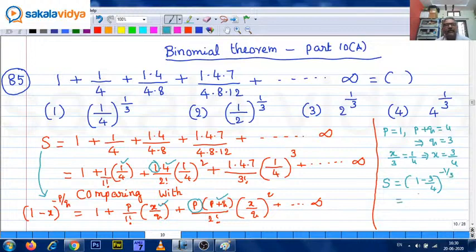This is 1 by 4 whole to the power of minus 1 by 3, which we can write as 4 to the power of 1 by 3, because 1 by 4 is 4 to the power of minus 1, minus into minus is plus. So the fourth option is the right option.